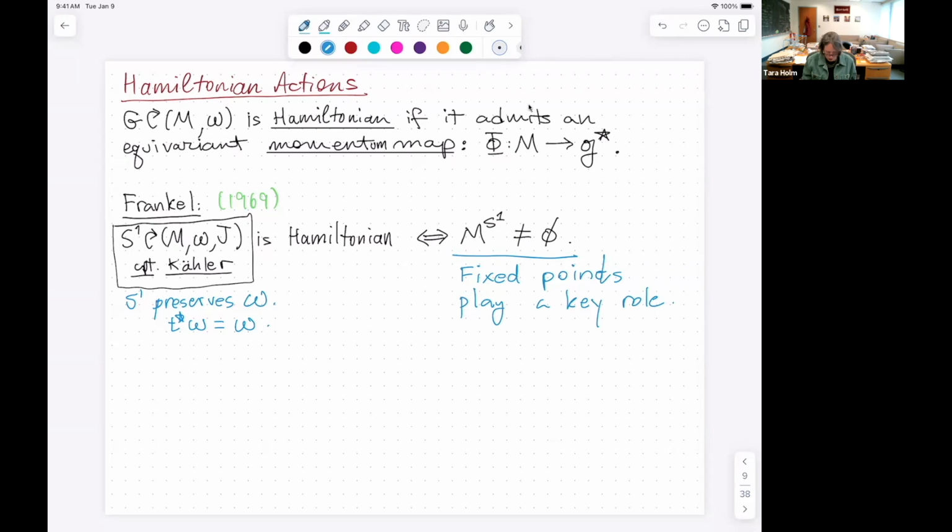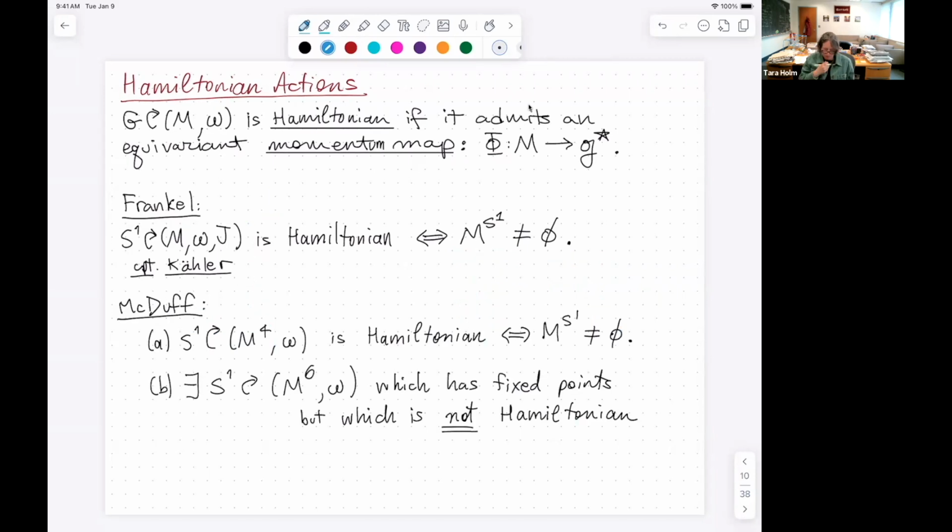And this result was explored further. Frankel was looking specifically at the Kähler case. McDuff then went on to look at the symplectic case. So in general, if you have a symplectic circle action on a symplectic four-manifold, not necessarily Kähler, then this result still holds.